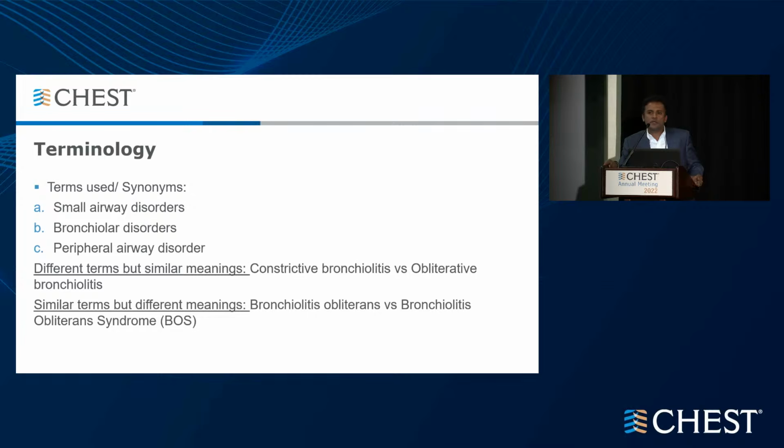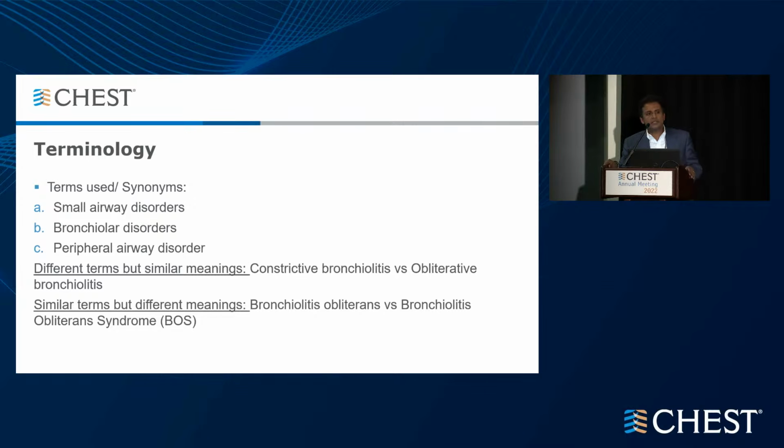By definition, small airway disorders refer to airways with a diameter of 2 millimeters or less. And to confuse it even further, there are different terms applied for constrictive bronchiolitis, which include obliterative bronchiolitis and bronchiolitis obliterans, and all of these 3 basically refer to the same entity.